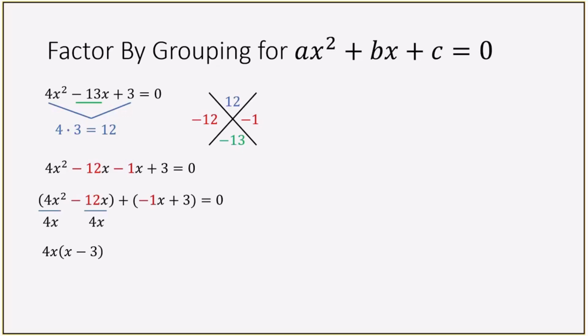And now I'm going to repeat the process for the next group, negative 1x plus 3. Now you might be thinking, well, there's no x's in both terms, so I can't factor out an x, and there's really no number bigger than 1 that fits into both of them, so I can't really do anything with that. But one cool feature of factor by grouping is that if you're doing everything correctly, then the two factors in this step need to match.